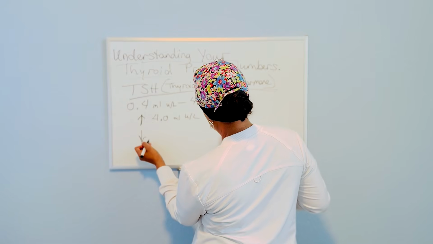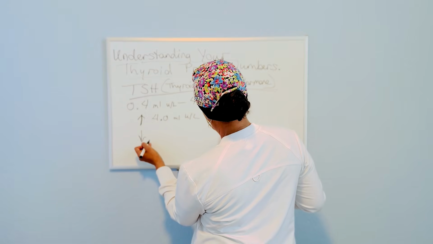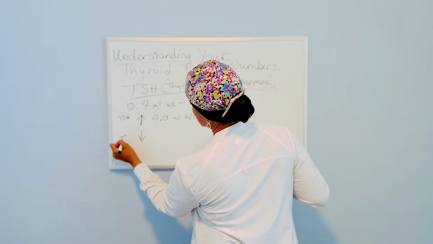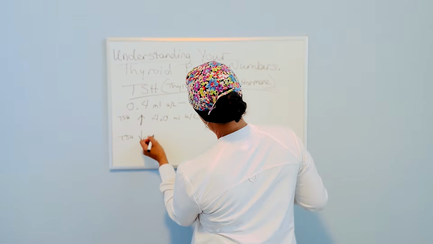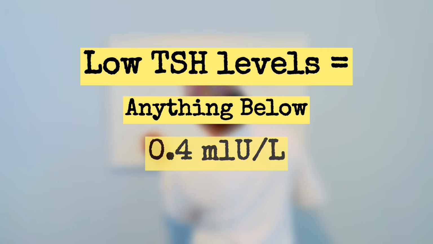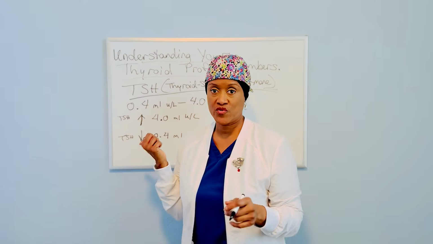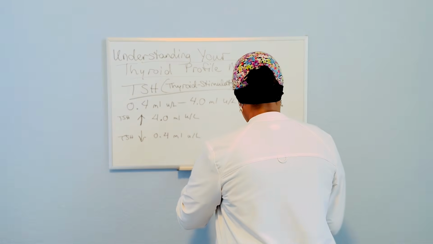And low TSH levels, let's see, we'll put here TSH. Low TSH levels is anything below 0.4. Okay? Those are important numbers to know.